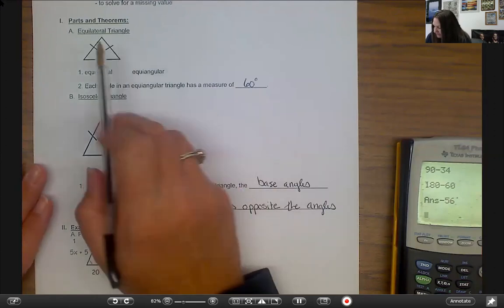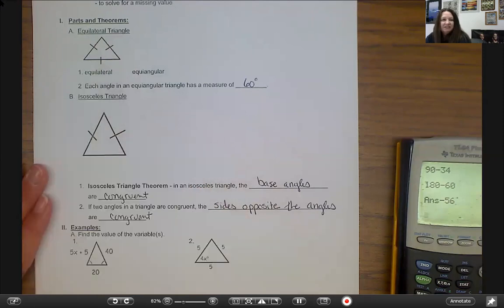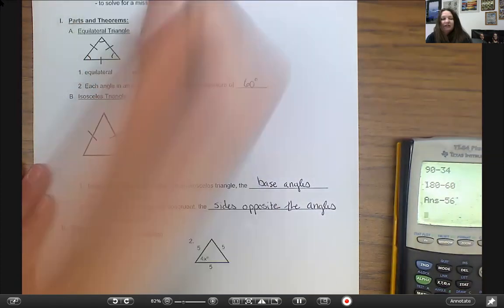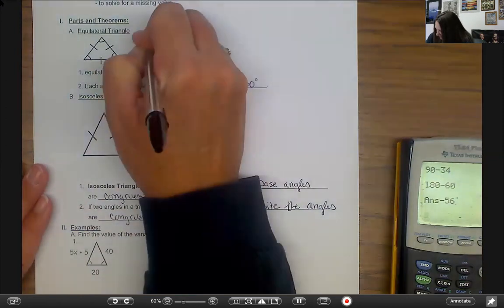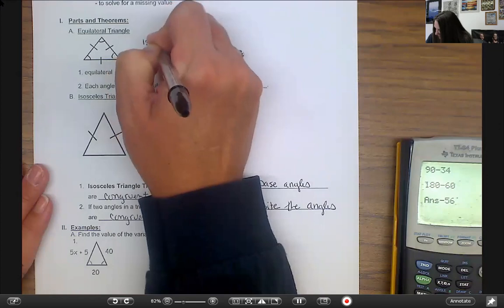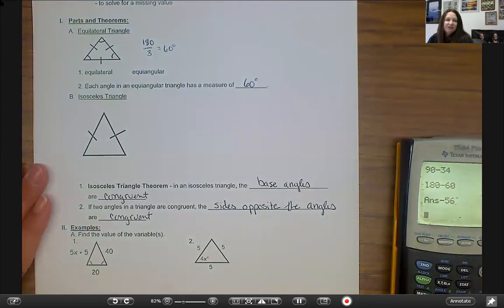Again, if a triangle is equilateral, it has 3 equal sides. But if it has 3 equal sides, it must also have 3 equal angles. Well, if it has 3 equal angles, all angles have to add up to 180. If we divide that into 3 equal parts, each one is going to be 60 degrees.